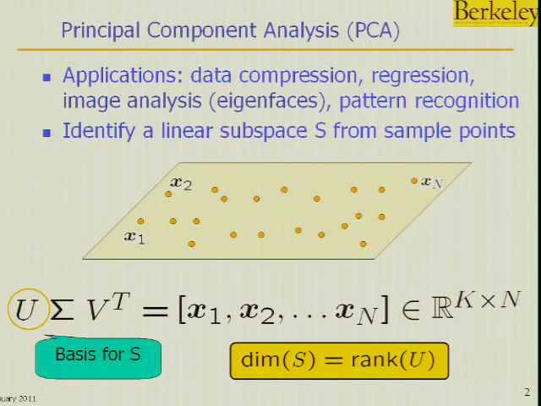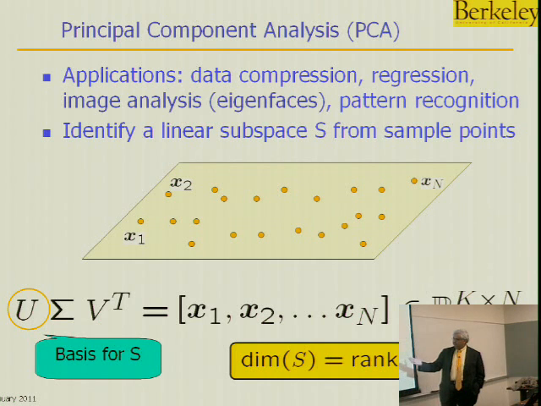If there are capital N points in R^k as the ambient space, you stack them next to each other, make a k by N matrix, and then you factor it as a singular value decomposition, U Sigma V transpose.